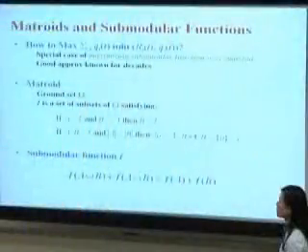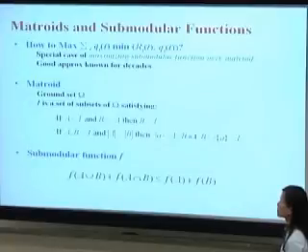So what is a matroid? A matroid is typically defined over a ground set, let's call it omega. And I is a matroid if it satisfies the following two conditions.